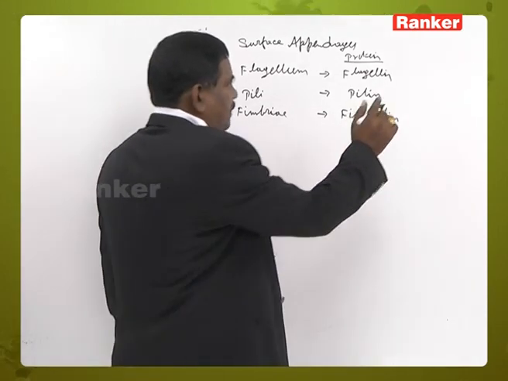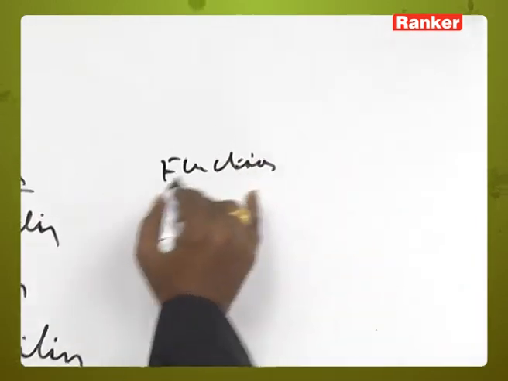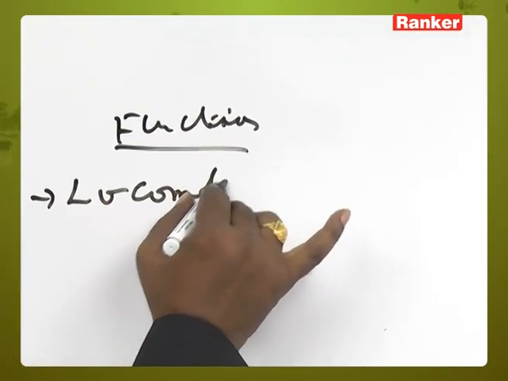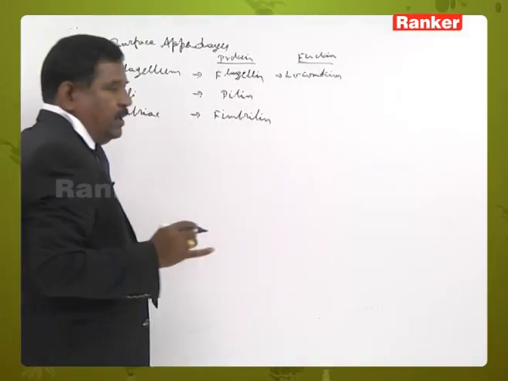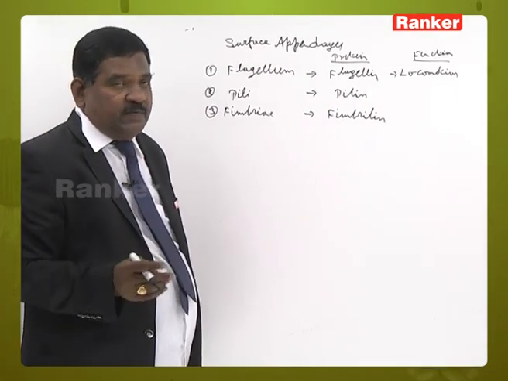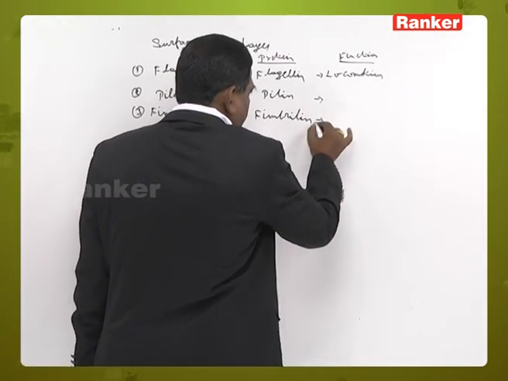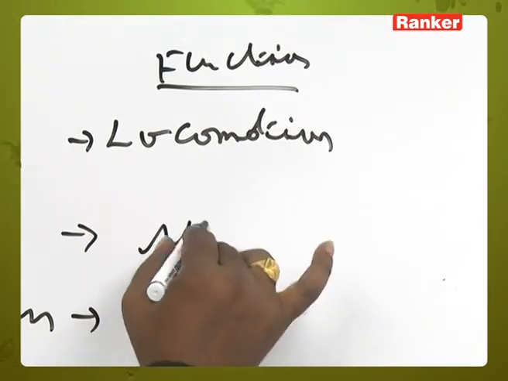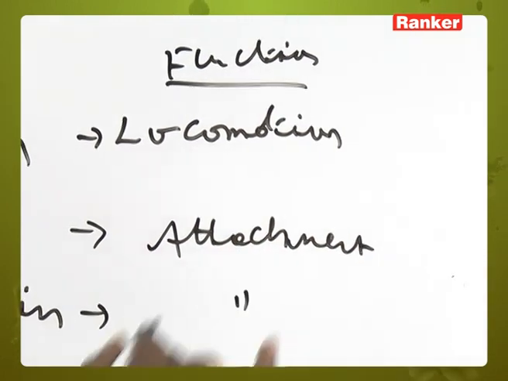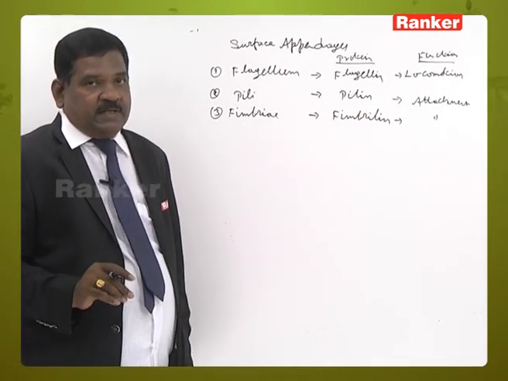And function: flagella help in locomotion, or movement, of the bacterium. Both pili and fimbriae help in attachment.